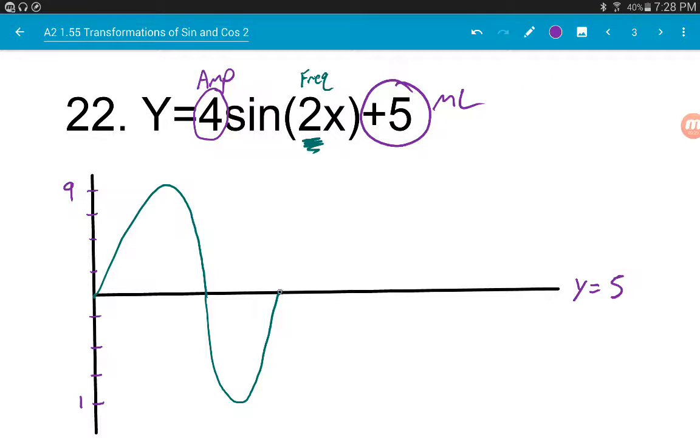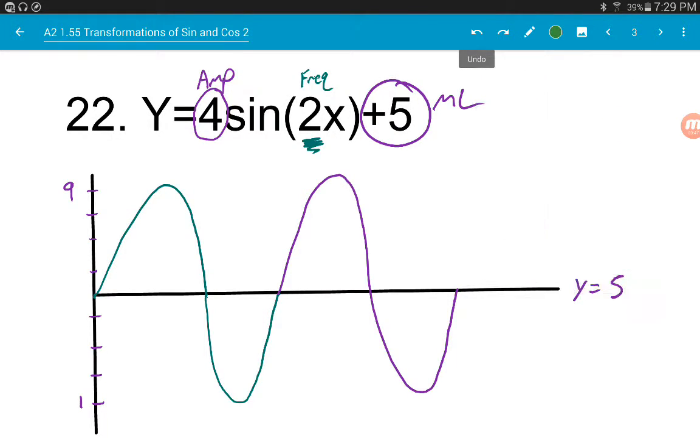And we need one more: up to the maximum, down to the minimum, and back to the midline. Now this is the distance that it took, from here to here, to complete 2 full cycles.